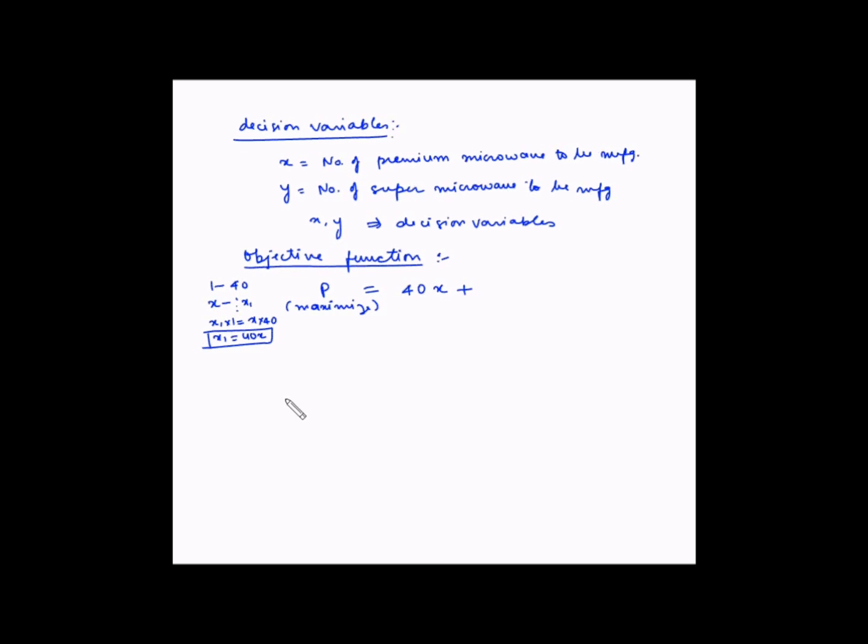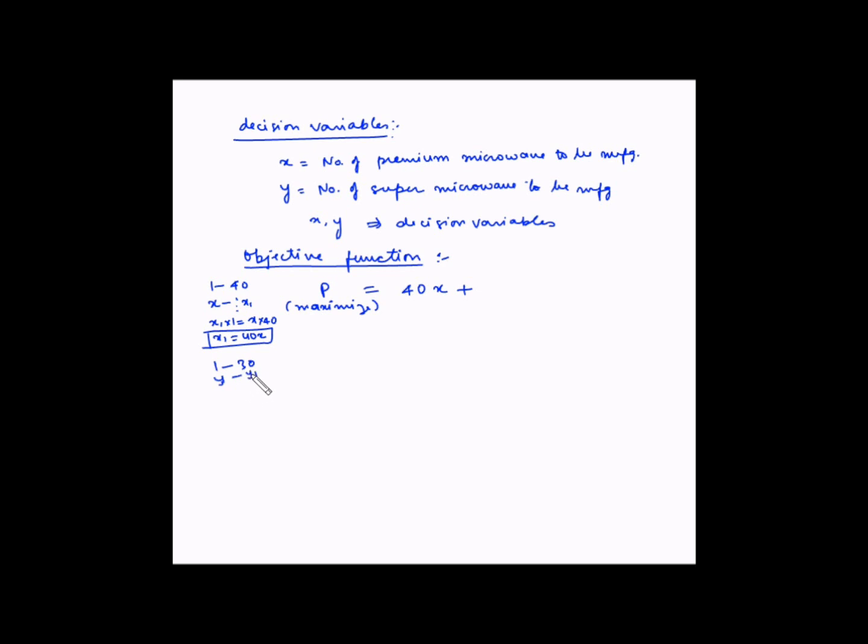Now for the super microwave, each unit gives a profit of $30. So we have already considered Y as the quantity of super microwave to be produced. So for Y, let's say the profit is Y1.